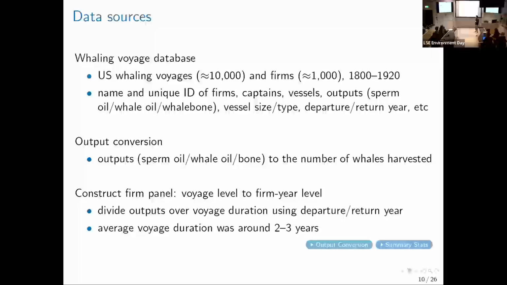For the empirical analysis, I convert the output to the number of whales harvested based on historical documents, and then I construct the firm-level panel data by changing the voyage-level database to firm-year level. An important detail of the industry was that voyages were very long, averaging around 2 to 3 years.